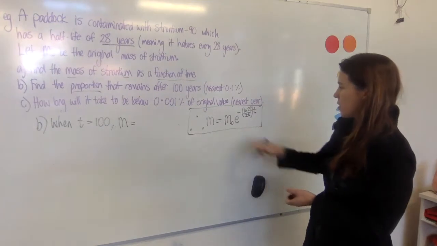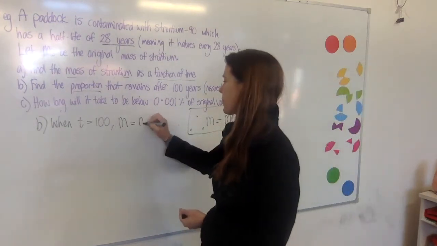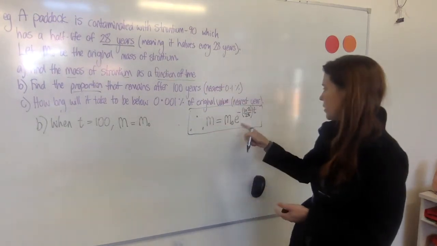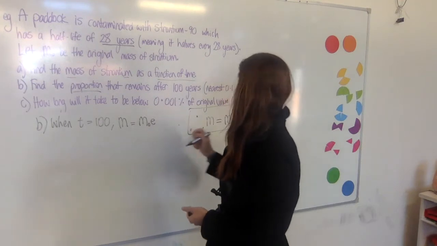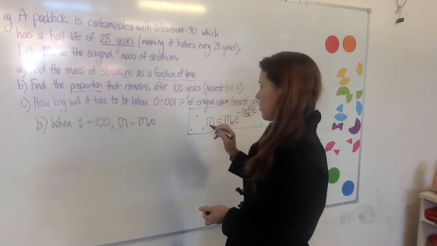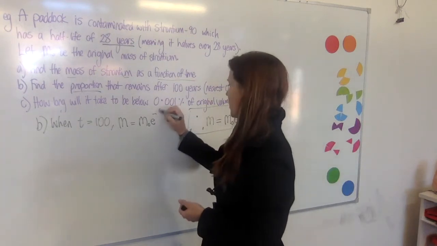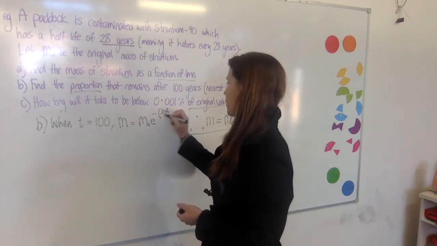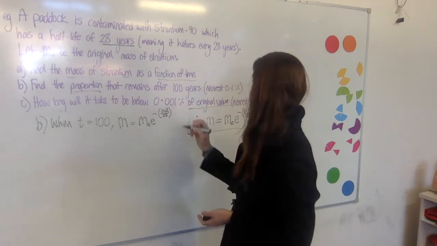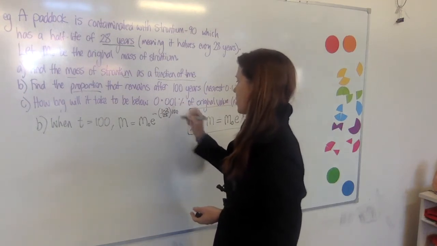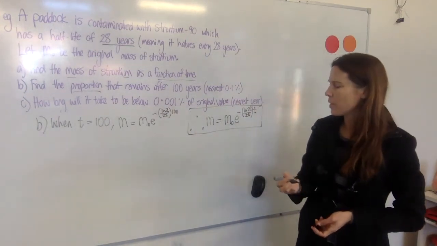So, after 100 years, I'm going to have the amount I started with multiplied by e to the power of, now I need to do 100 here, so I've got minus all of that, ln 2 over 28, which you may have now already in your calculator, times 100. You can write that a bunch of different ways.